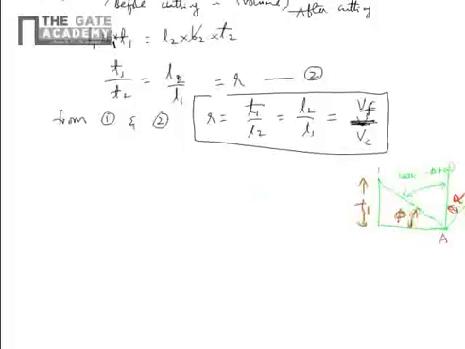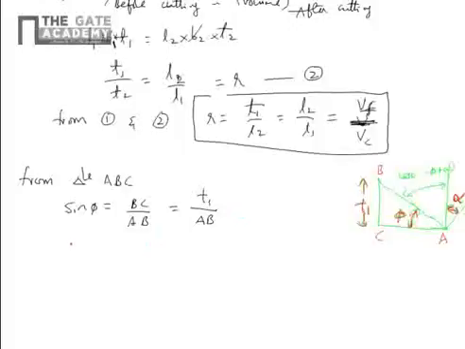Suppose you take ABC as a triangle where AB is the shear plane, sin phi equal to BC by AB from triangle ABC. BC is nothing but the uncut chip thickness. So AB equal to T1 by sin phi.